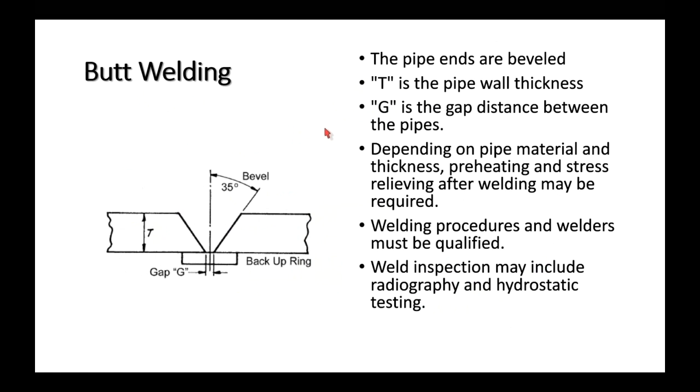Butt welding. Most pipe is going to be butt welded. Sometimes, for NPS 2 and smaller, we'll use socket welding, but only when we've got a fitting. For socket welding, the pipe actually gets inserted into the fitting a certain length.